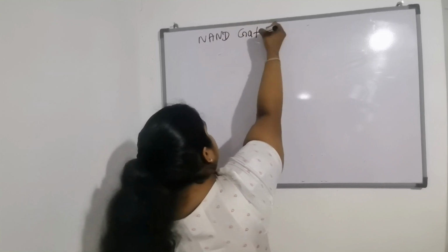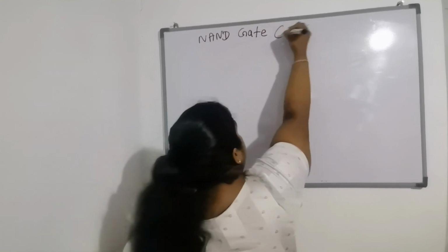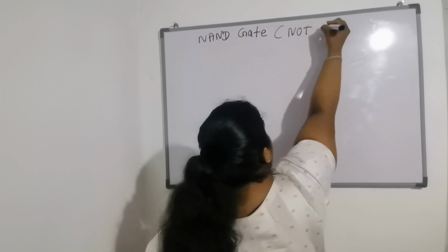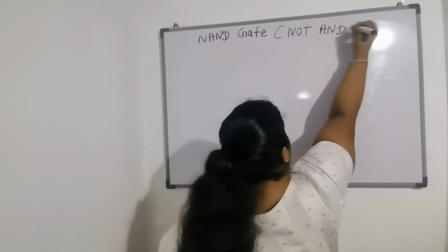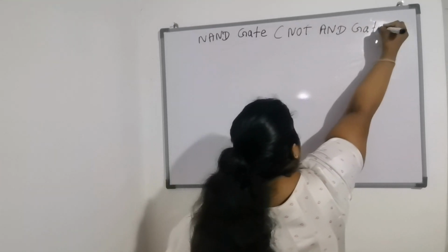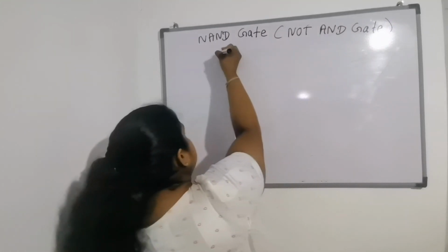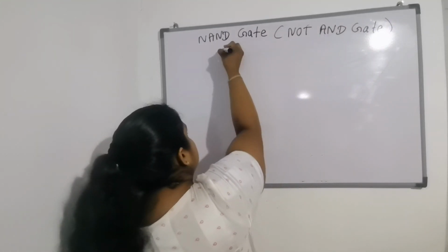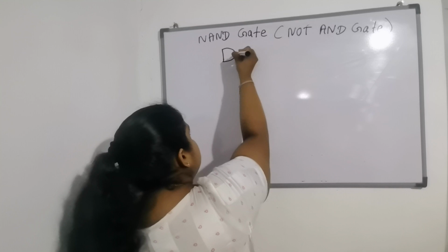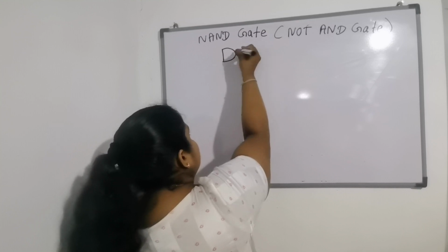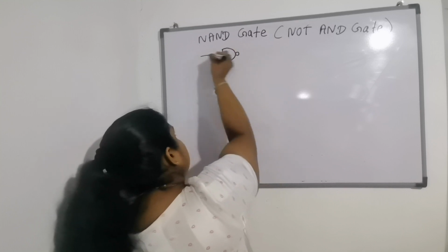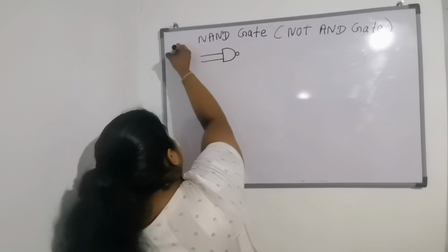The NAND gate, another name we use is NOT AND gate. The NAND gate symbol is like this. To the AND gate symbol, we connect the inverse symbol. There will be two or more inputs.